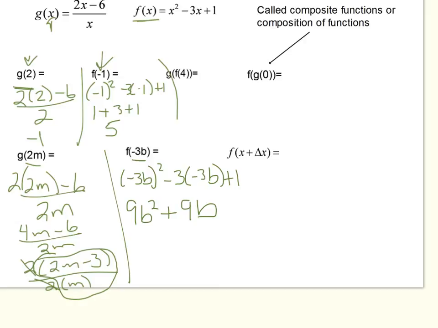When you multiply, you just multiply. All right? And then plus 1 after that. There are no like terms, so we're done. That's it. That's the best you got. You can't factor anything out. Even if you could, you don't need to.